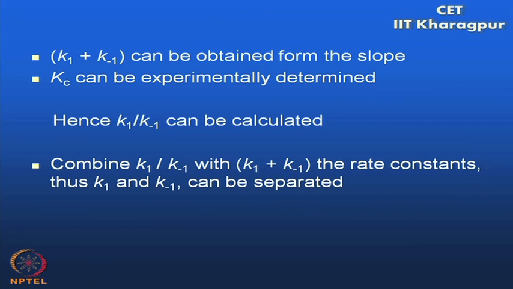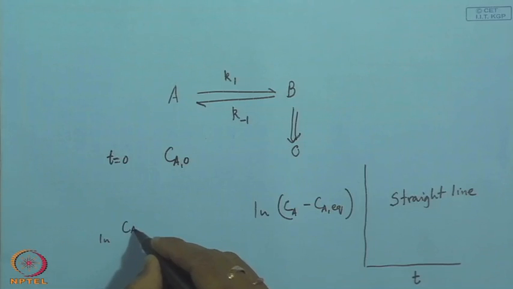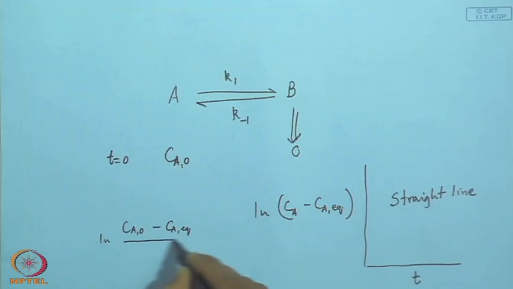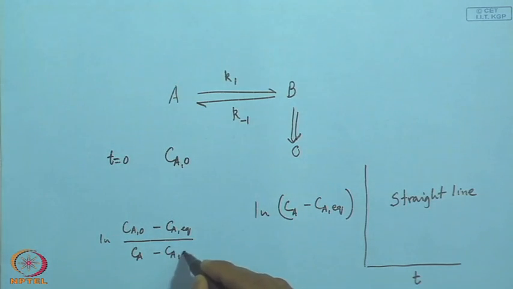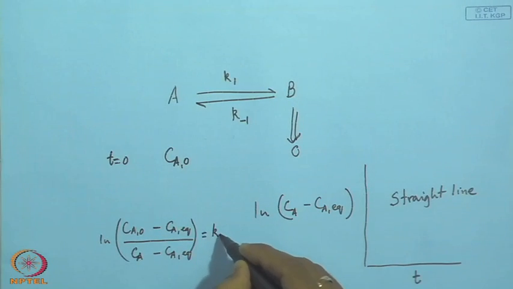You see, your expression is ln of (Ca0 minus Ca equilibrium) divided by (Ca minus Ca equilibrium) is equal to (K1 plus K minus 1) into T.